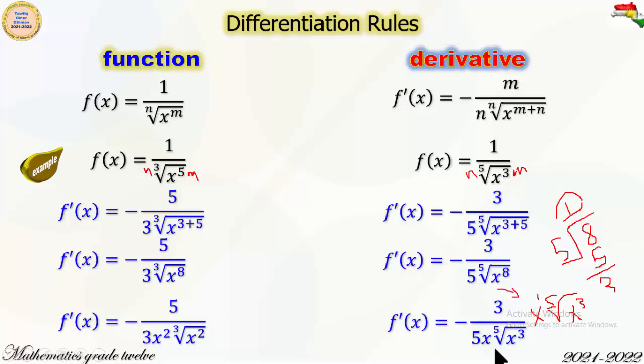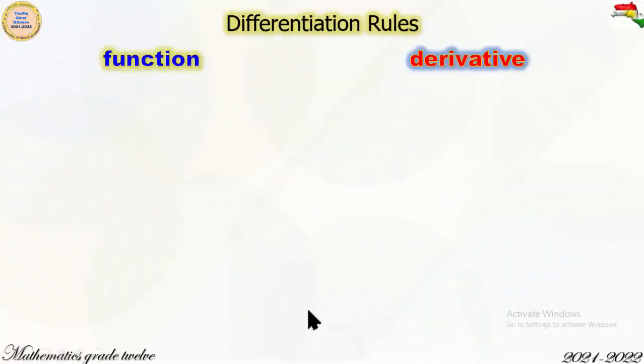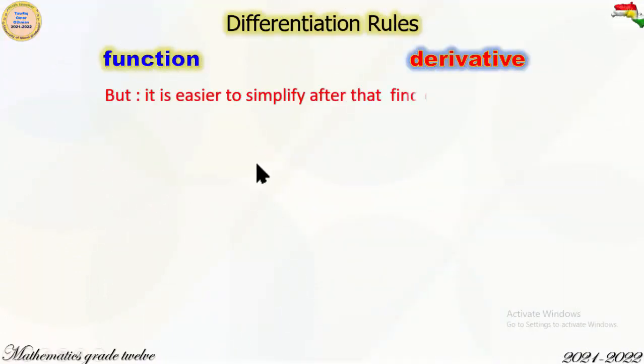So it is minus 3 over 5, x, the fifth root of x to the power 3. But I see that it is easier to simplify the function first. After that, find the derivative. You first simplify the function and then take the derivative.